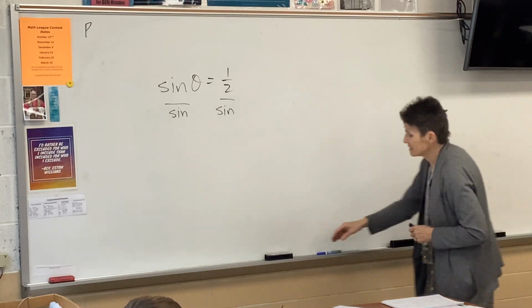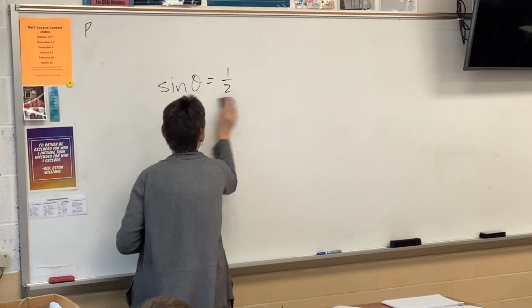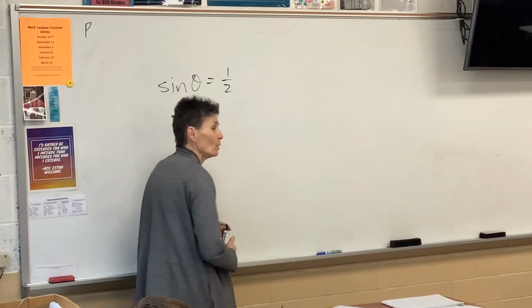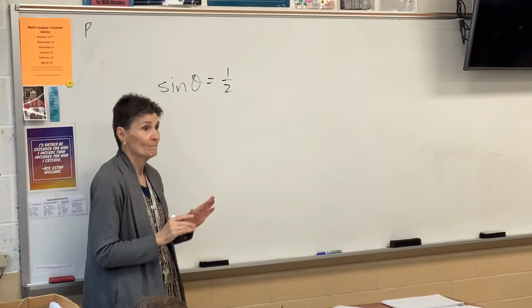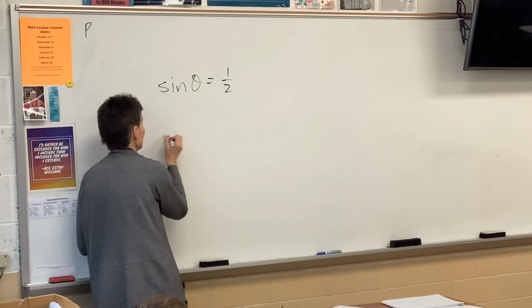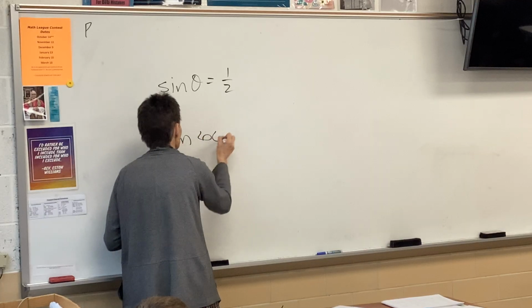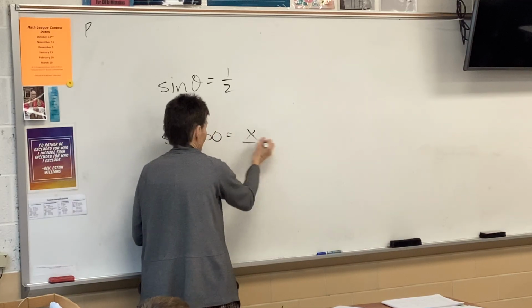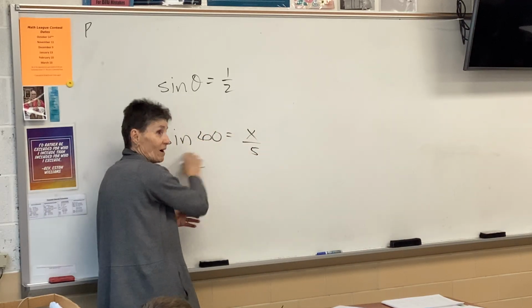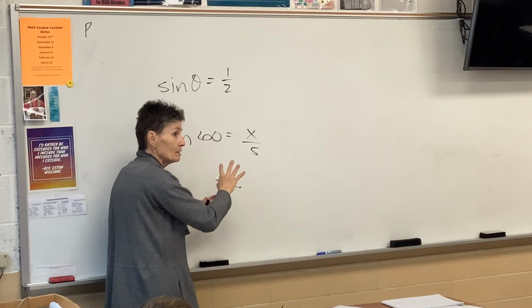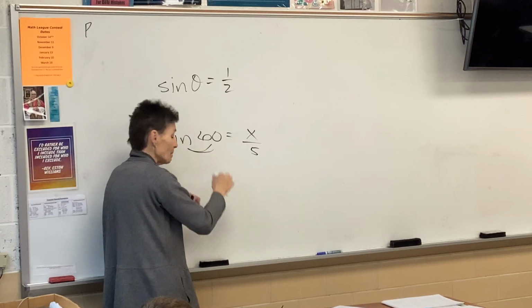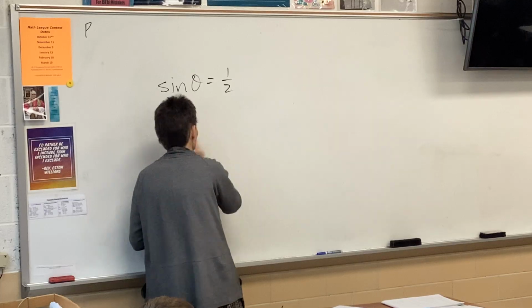So this is totally not allowed. Do not ever do that. It will never work, ever. If this had been sine 60 equals x over 5 or something like that, you can divide by sine 60 because it's hooked, but you can't divide by just that sine.